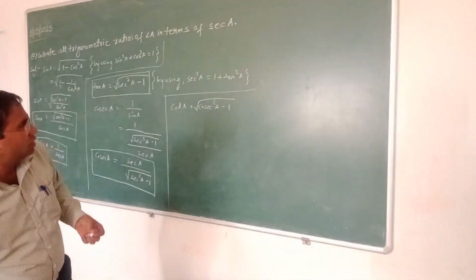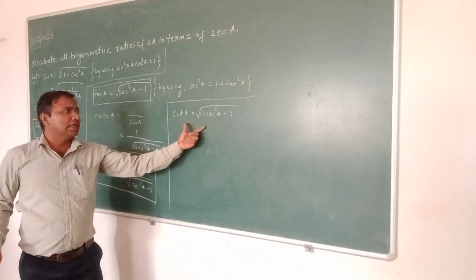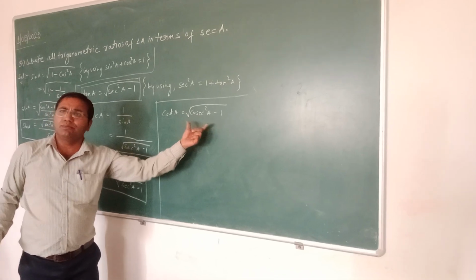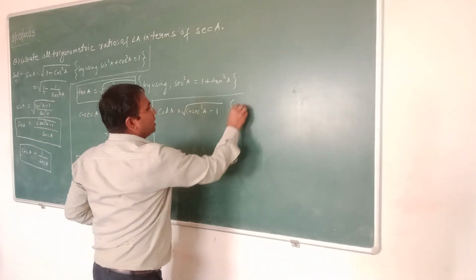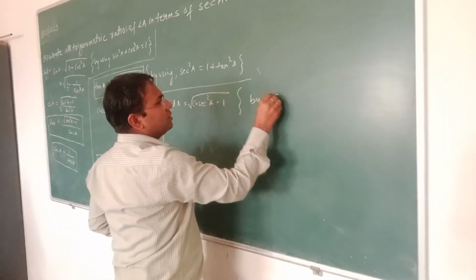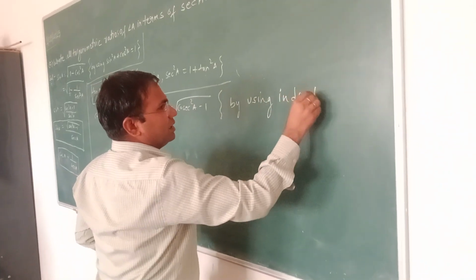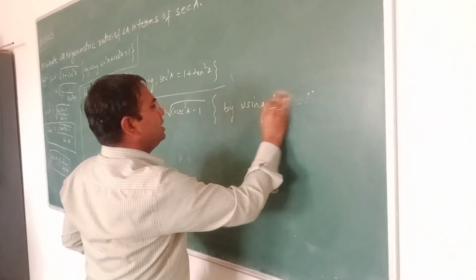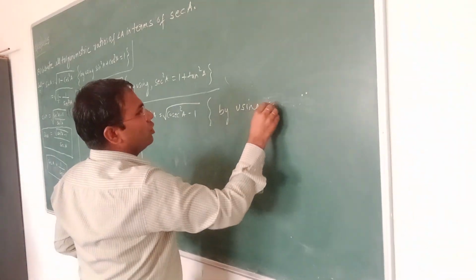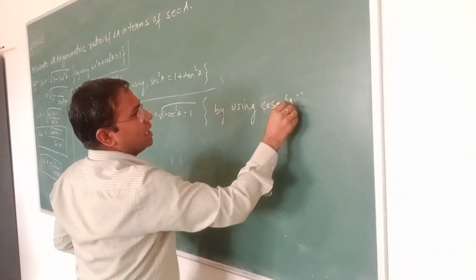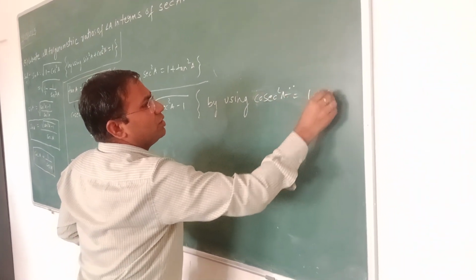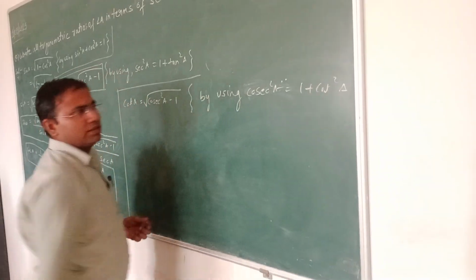Cot A can be written as square root of cosec square A minus 1. In brackets you will write, by using the identity cosec square A is equal to 1 plus cot square A.